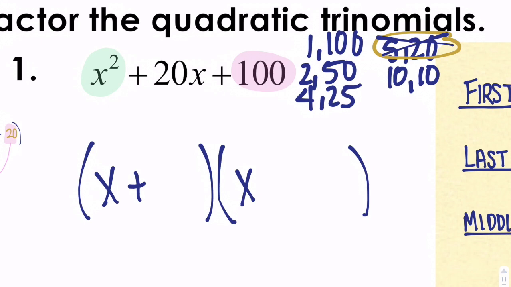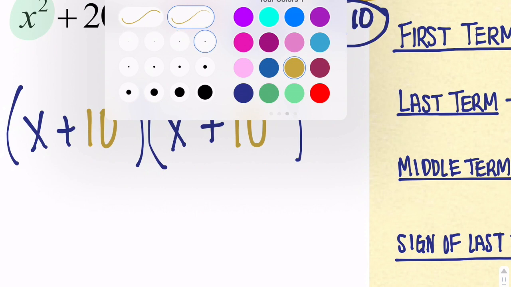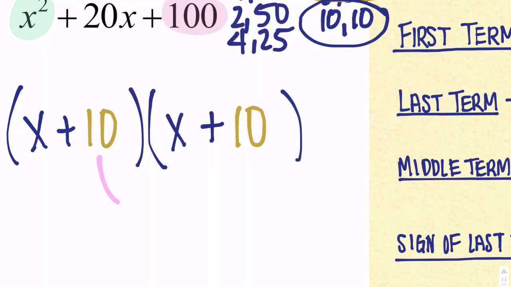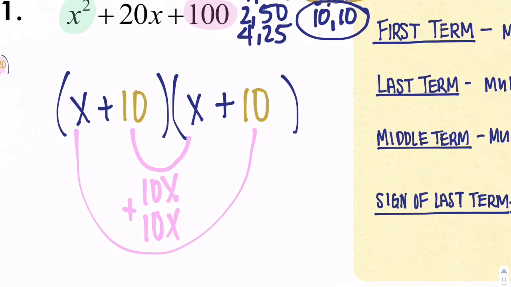So we tried 5 and 20, right? Let's try 10 and 10, okay? So if we try 10 and 10, let's check it. So if I check my answer, 10 times x is 10x. X times 10 is 10x. And if I add those together, then I get 20x.